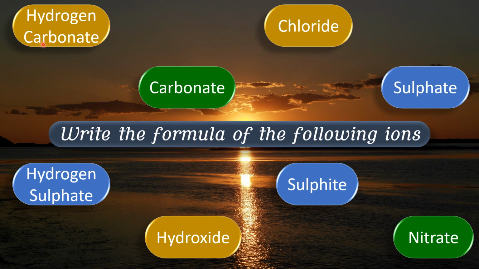We have the hydrogen carbonate, the carbonate, the chloride, the sulfate, hydrogen sulfate, hydroxide, sulfite, and nitrate. So we want to write the formula of those ions.